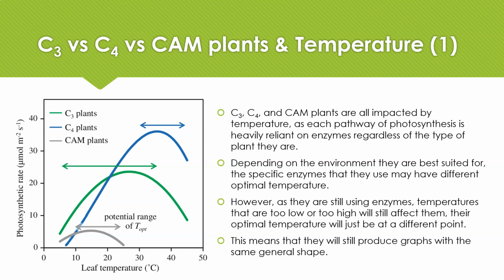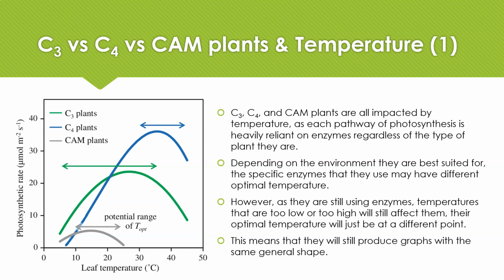Well, it's a bit of an interesting one, and we'll go through it. The plants are all obviously going to be affected by temperature in the same way, in the sense that they all use enzymes. So as you increase the temperature, it's going to affect enzymes in the same way. It doesn't matter what they are. Now, you might find that some of them, because they are best suited for hotter environments, have specific enzymes with a slightly higher optimal temperature than others.